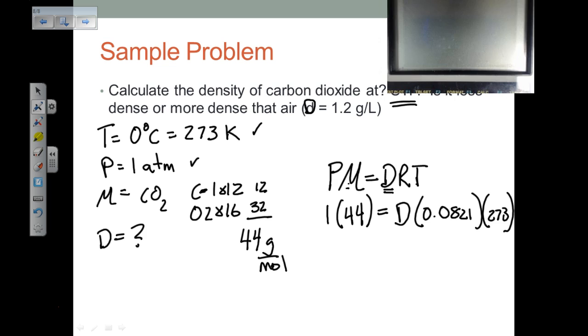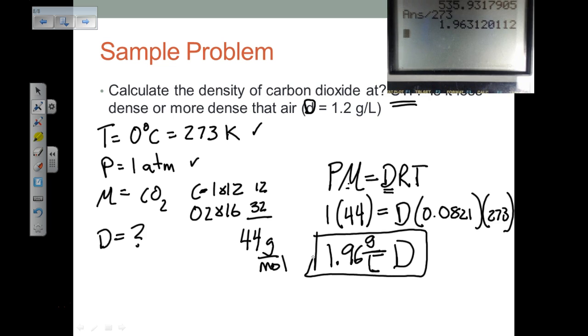So 0.0821. We can either put it in parentheses and keep it on the bottom, or I'm going to divide here, and then divide again by 273. Does the same thing. And so I get the density of carbon dioxide equals 1.96. Now, what's the units of that? That's in grams per liter. We need to make sure that we have the right units, grams per liter.